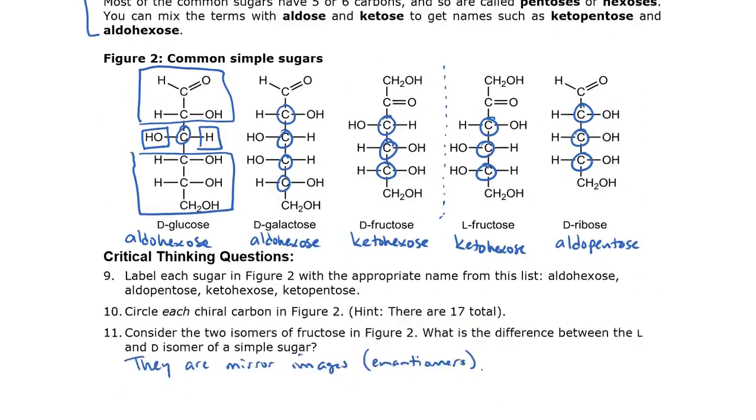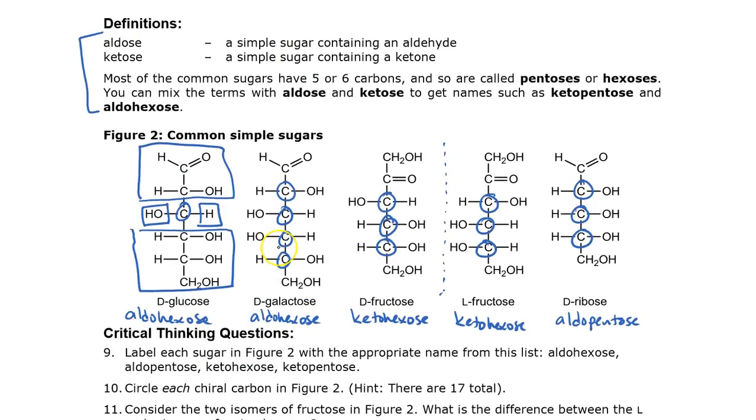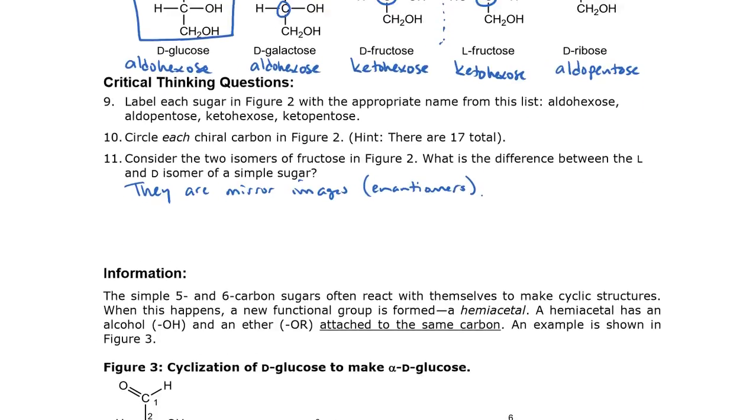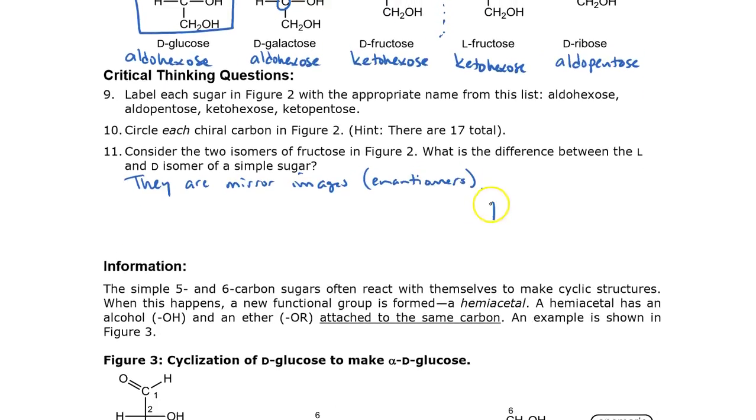Because you have simple sugars, monosaccharides, but in biology, these monosaccharides end up being connected together into disaccharides, polysaccharides, right? Di means two. You can have oligosaccharides, which means several. Di would be two, oligo would be several, poly means many.